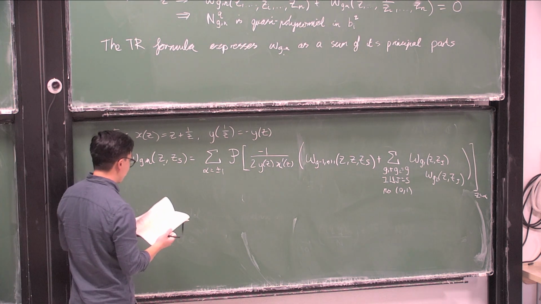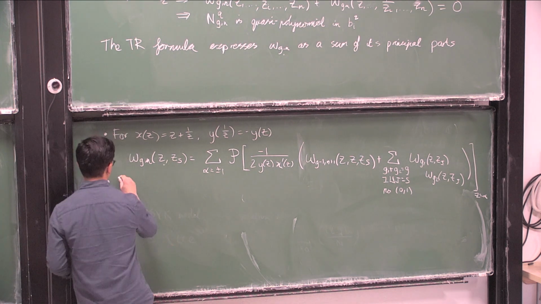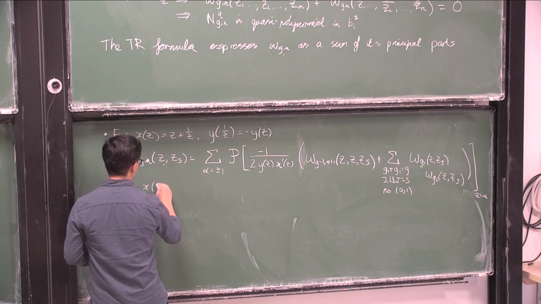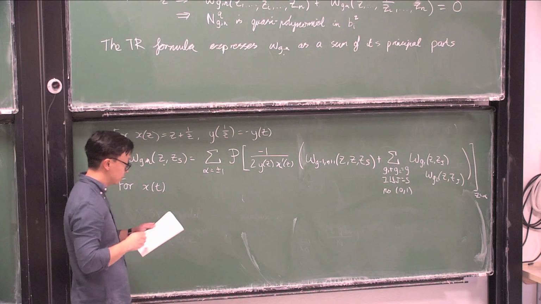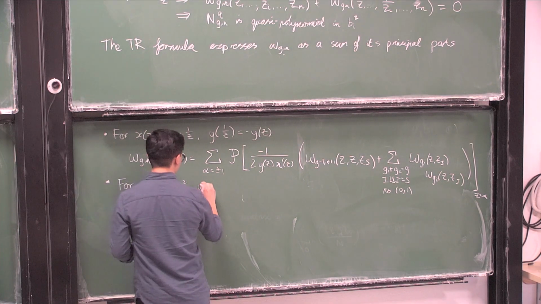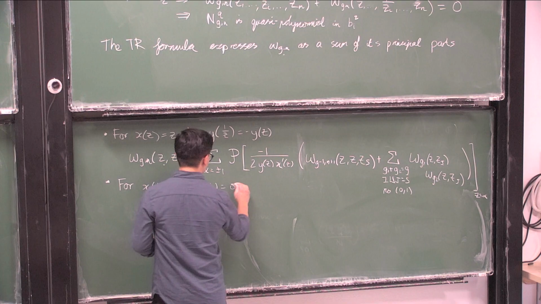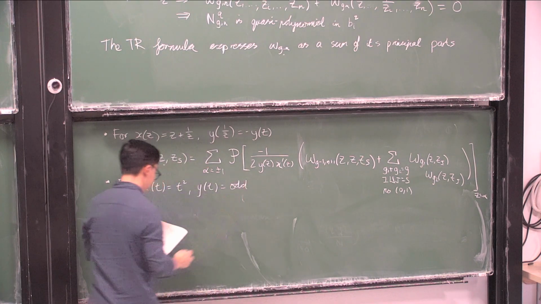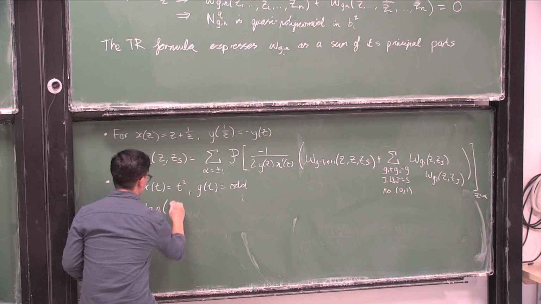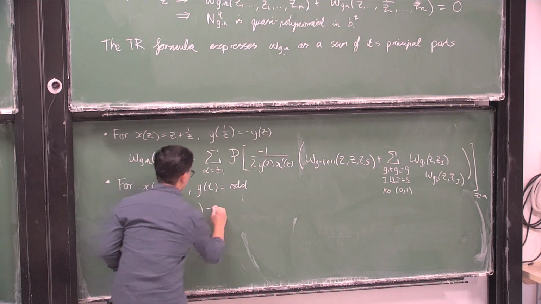Now, what we want to do is compare that to the curve that stores the Weil-Petersson volumes, and that takes this form. We've got x of t equals t squared, y of t turns out to be some odd function of t, a sine.